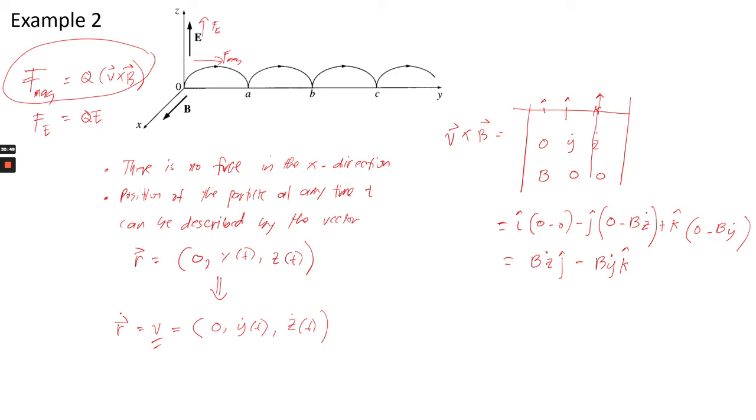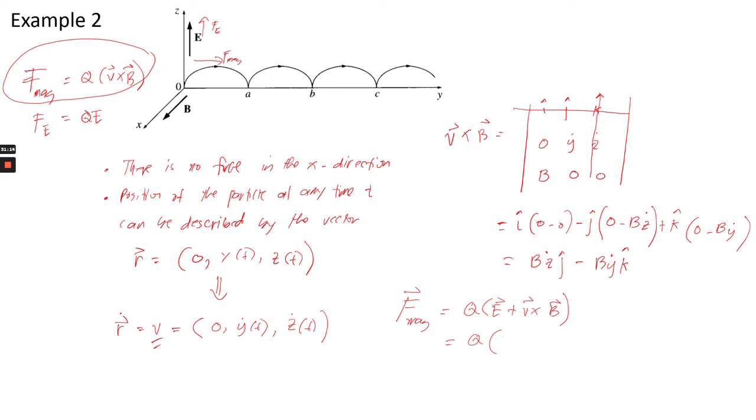So we can now apply this one. We have the force, so this is Q E plus v cross B. So this would be Q, and the electric field is along the z-axis.